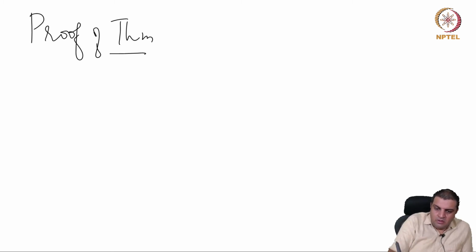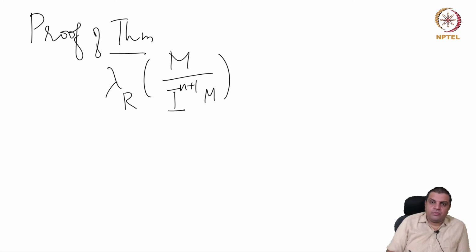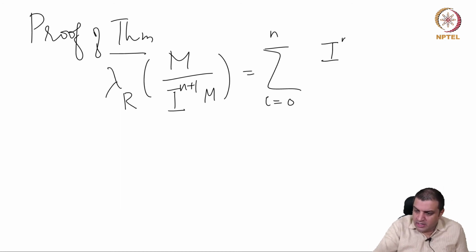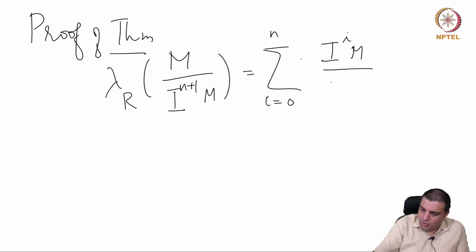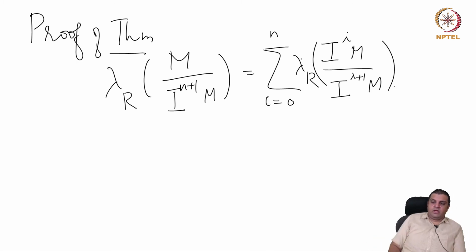The length of M mod I^(n+1) M is the sum of the lengths, let's say i goes from 0 to n, of I^i M modulo I^(i+1) M, lengths of these things.